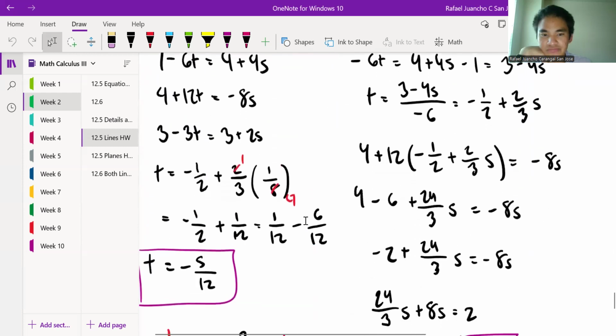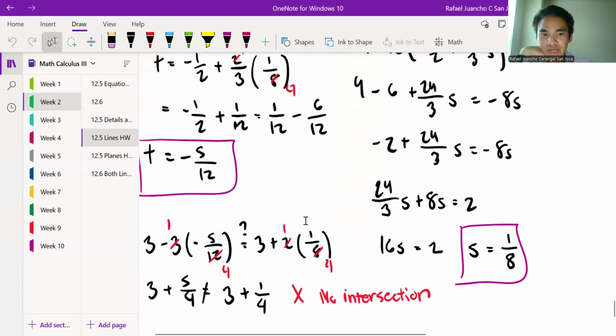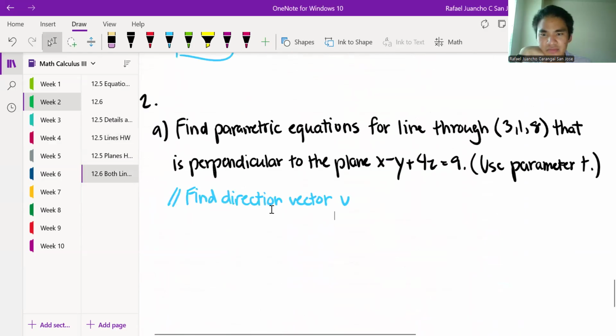Yeah, I'm thinking here. Okay, because it's perpendicular to this plane, maybe we can draw. We need that direction v though. How do we do that?